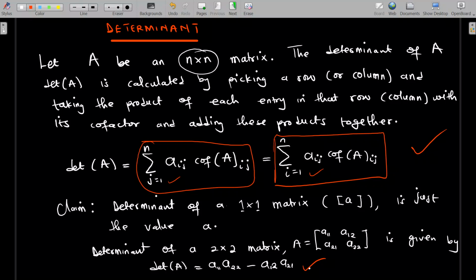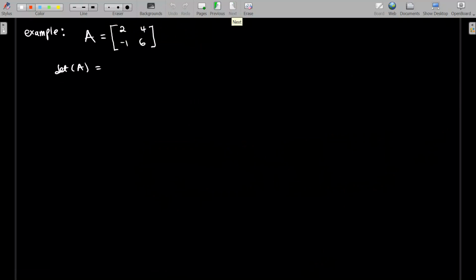Now let's pick an example and go through it. The definition says the determinant of a 2 by 2 matrix is the product of the diagonal entries minus the product of the other entries. So I'm going to pick the diagonals, which are 2 and 6, and multiply them.